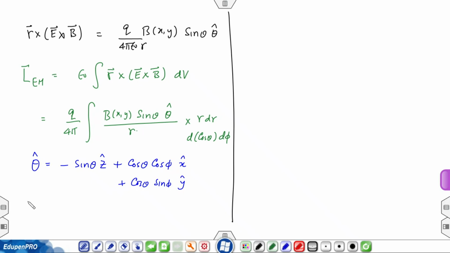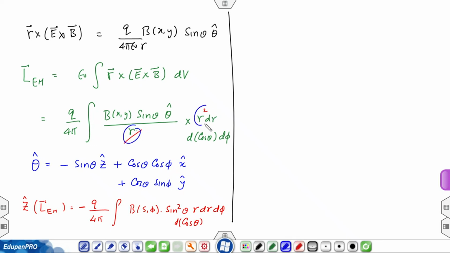Now, I am going to integrate. So, z component of L EM is going to be q over 4 pi integration B x y, I can write as s phi, sin square theta with a minus sign in front, r dr d phi d cosine theta. One r cancels with the r square here, so this and this together give me an r.